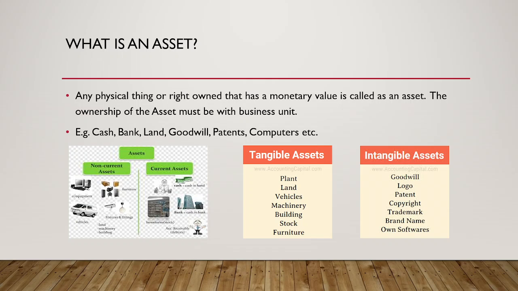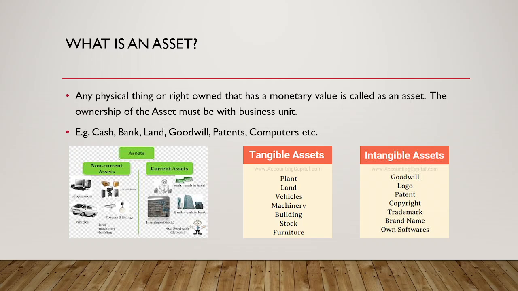Now let us take an example of an intangible asset, goodwill. Now what is goodwill? What do you understand by goodwill? Suppose tomorrow you go to the shopkeeper and you ask for salt. Which salt would you ask for? Would you ask for salt from XYZ company or Tata? Tata salt. Yes, you'll definitely go for Tata salt. Why?